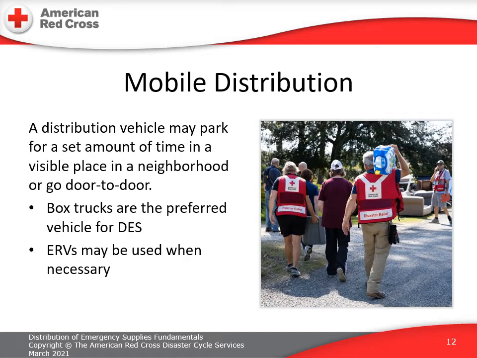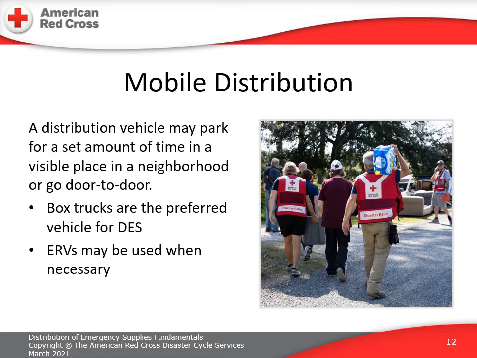The methods of distribution may be coordinated with other agencies and distribution efforts may be combined. During mobile distribution, supplies are distributed by staff out of vehicles as they drive and stop throughout a neighborhood. A distribution vehicle may park for a set amount of time in a visible place in a neighborhood or go door to door.